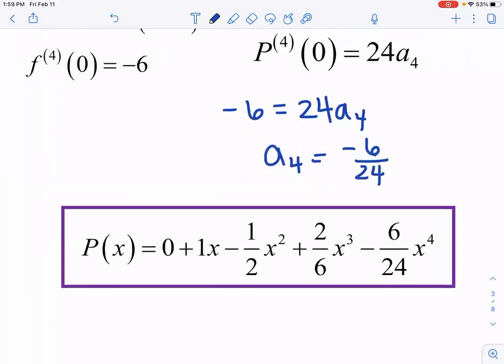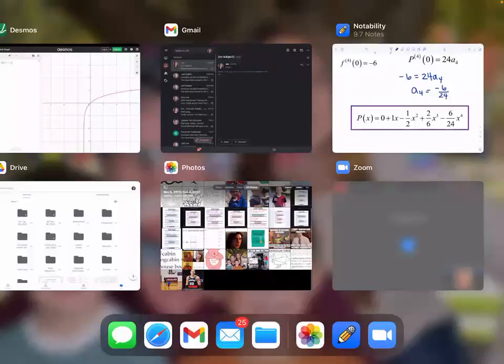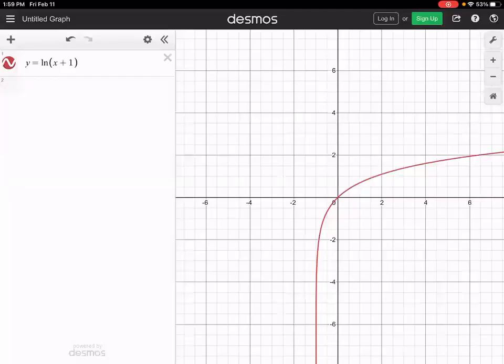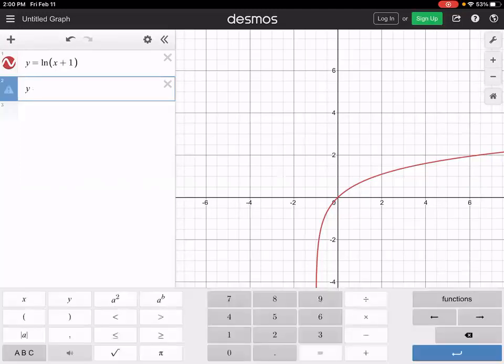Okay, so here's our polynomial. Ready? I want to show you something. There we go. All right, so here's our graph. So here's y equals 0 plus 1x.